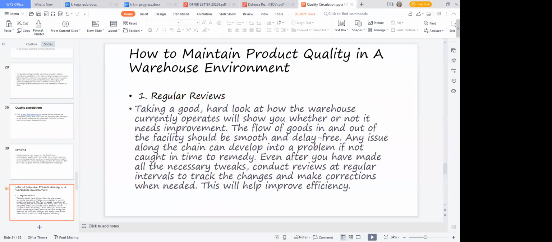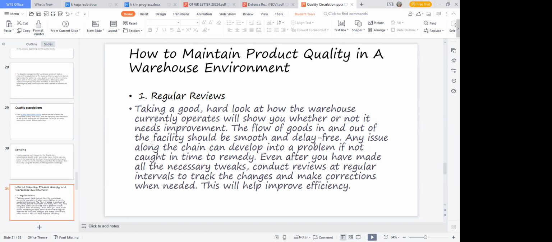How to maintain a product quality? We must do the regular reviews. Okay, regular reviews. We must come up with a schedule, timetable. Maybe we have to appoint the person who is going to be in charge. Necessary tweaks, conduct the reviews at a regular interval to track the changes and to make correction.